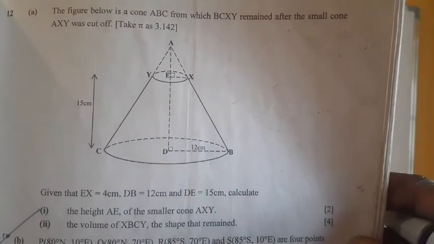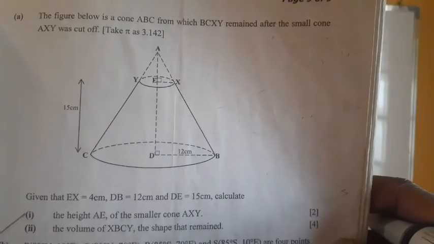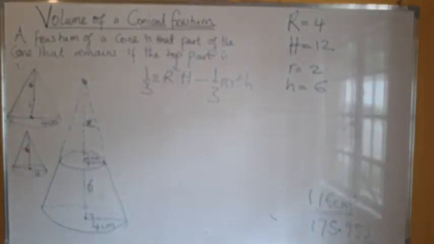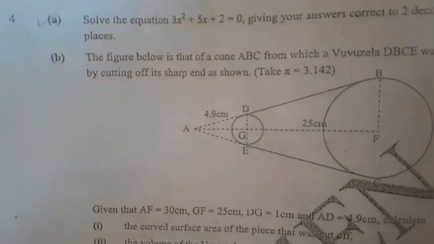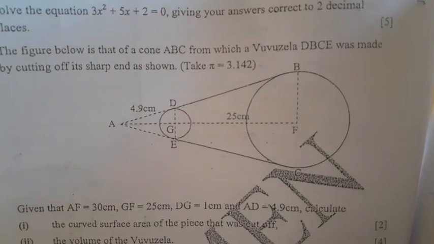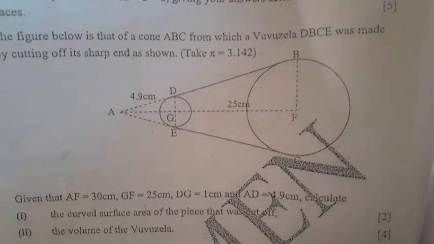This question. It's the same thing here. Okay. Then the last one is this one. Read it. B part. The figure below is that of a cone. It's the same thing.